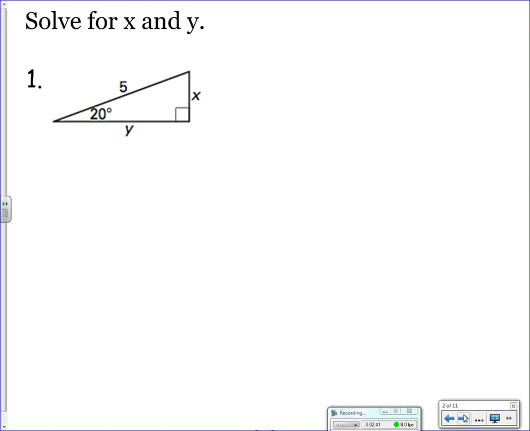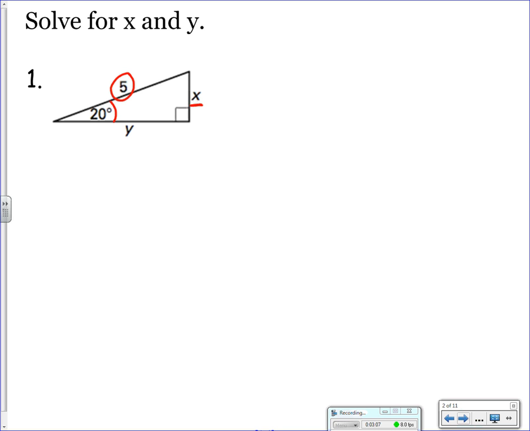It's going to help us solve for x and y when we don't have one of our typical triangles, and you're going to need your calculator for this. So I need to solve for x and y. We are given 20 degrees. We are given the hypotenuse. Let's solve for x first. In relation to the 20 degrees, x is the opposite, and we have the hypotenuse.